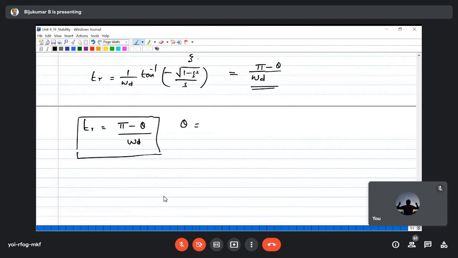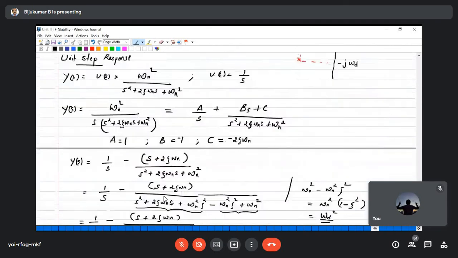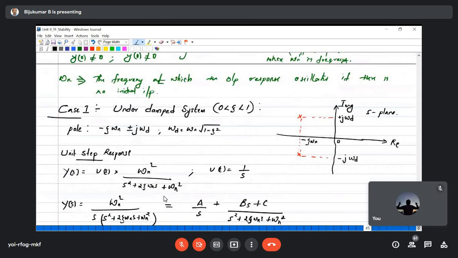Now we'll move back to our diagram. This diagram. Now you draw one line from the origin to this point. So by Pythagorean theorem, this is omega d. This magnitude is zeta omega n.